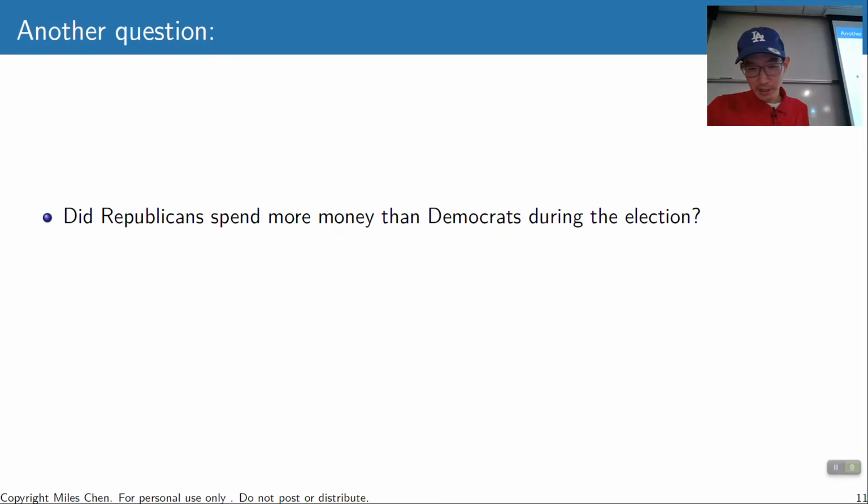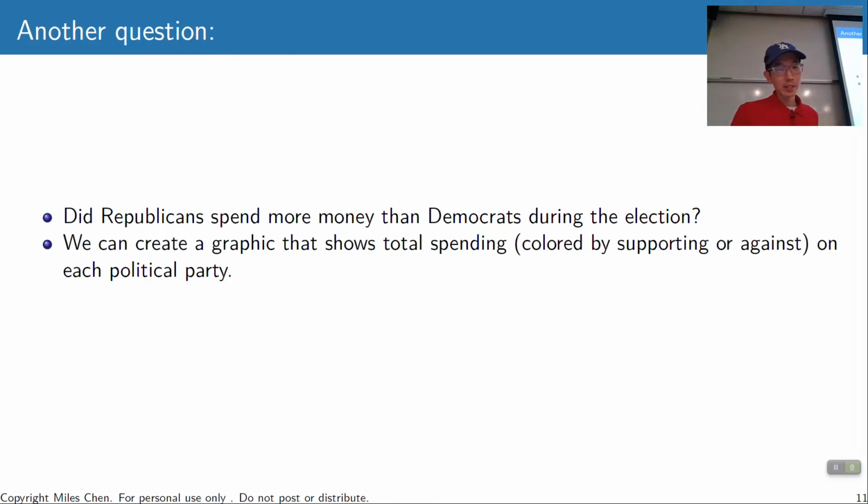Here's another question, right? Did Republicans spend more money than Democrats during the election, okay? We're making a few major assumptions here. We're going to assume that Democrats will spend money that supports Democratic candidates, and they're also the ones responsible for the anti-Republican spending.